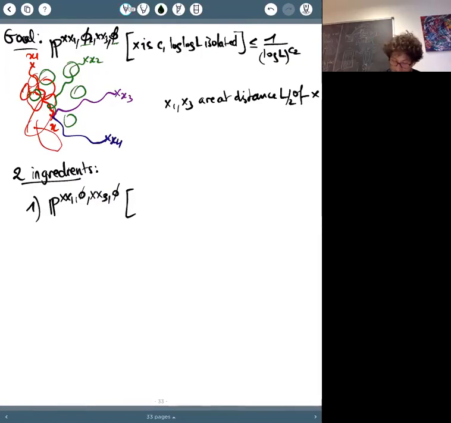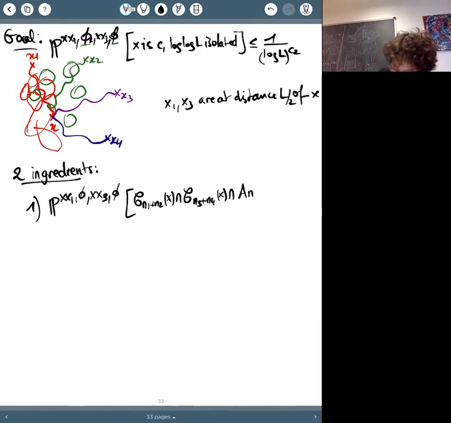So first thing is, if you have x1 and x3 at distance L over 2 of x, then the probability that the cluster of x1 at scale ni intersects the cluster of x3 in the annulus around x at scale ni plus 1 is positive, as long as ni plus 1 is smaller than L over 2, maybe even L over 4.